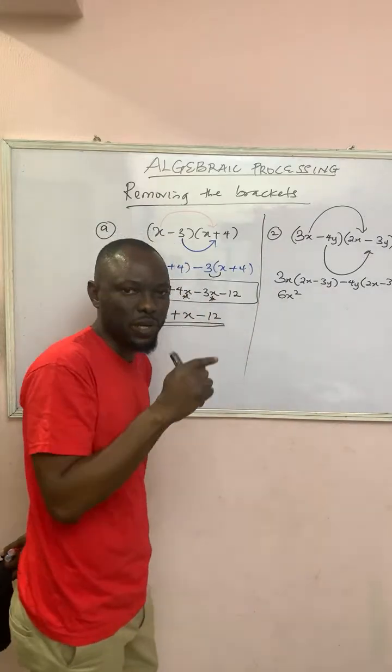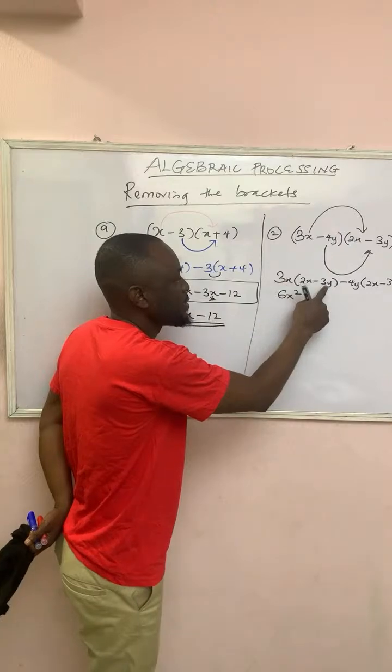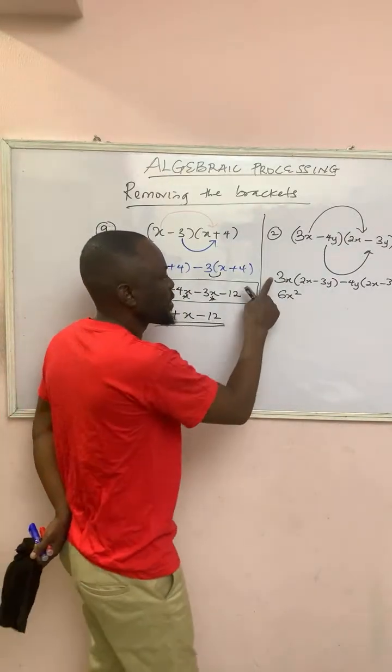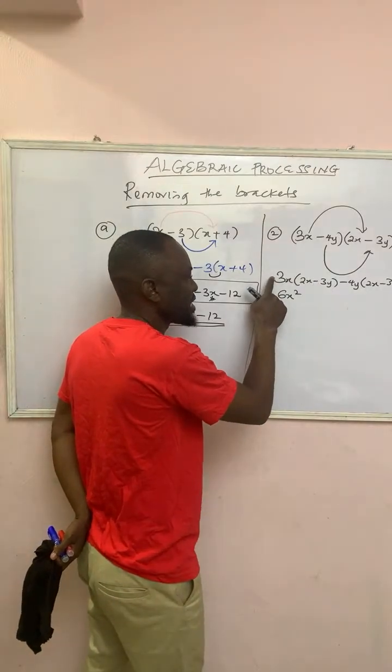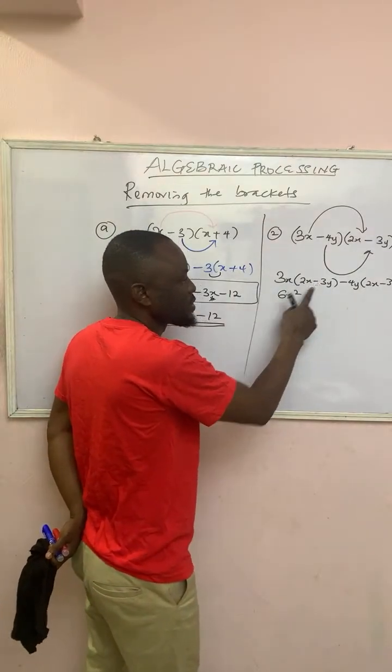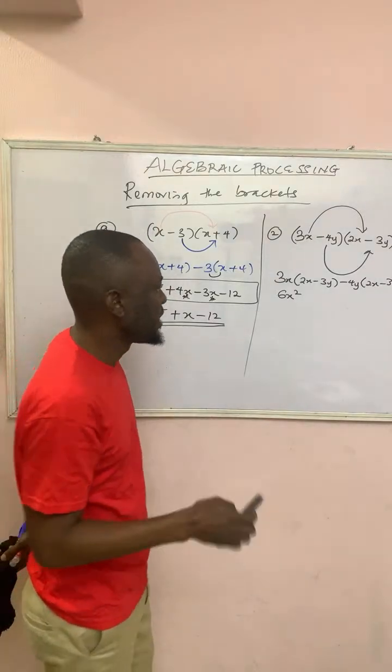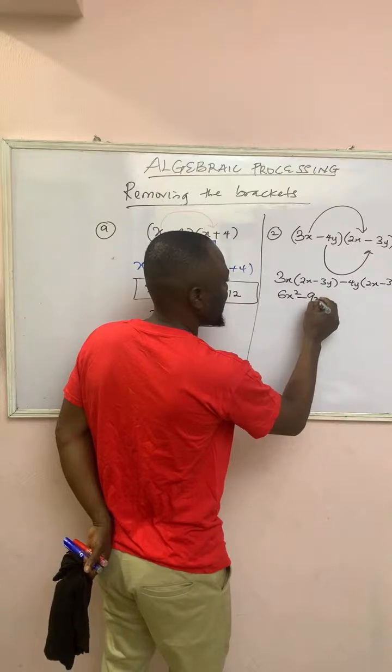So we have 9xy. When you multiply 3x by 3y, you're going to get 9xy. And then if you look at the signs, this has a positive and this has a negative. So because the signs are different, I'm going to attach the negative to 9xy. So I'll have minus 9xy.